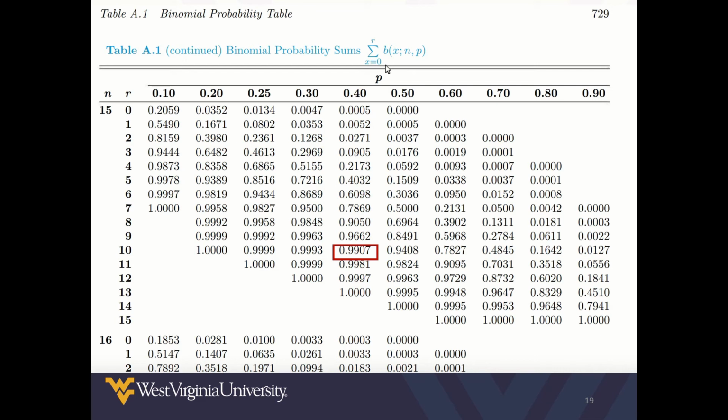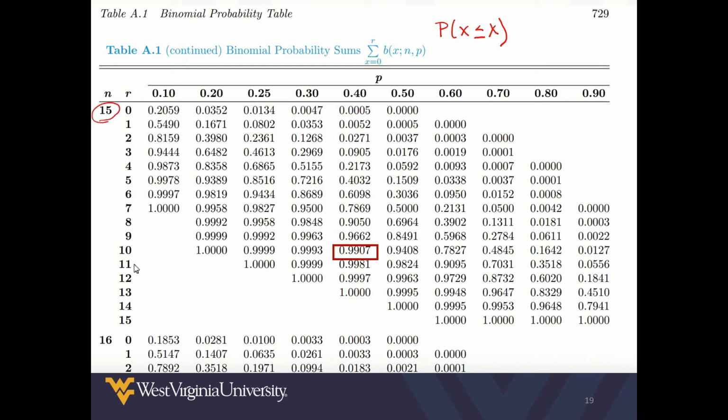Something to be aware of in this case is this gives the probability of x less than or equal to x. So in this case, our sample size was 15.